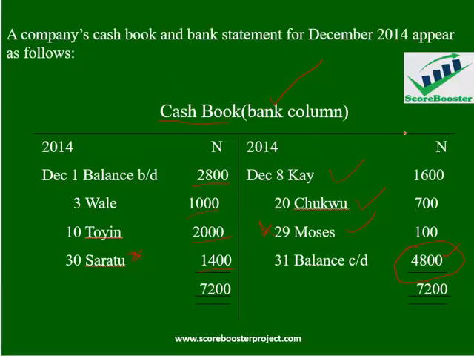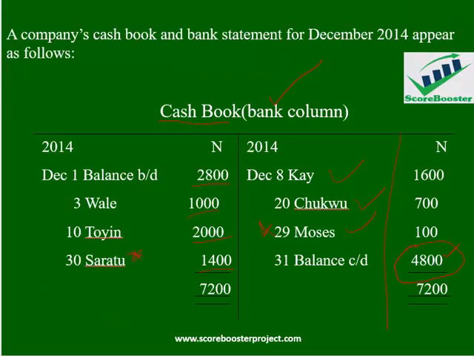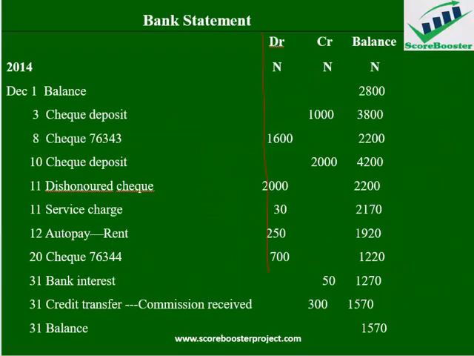Your credit side on your cash book will be compared with the debit side here, whereas your debit inside your cash book will be compared with the credit side of your bank statement. So that's how you trace what has happened.